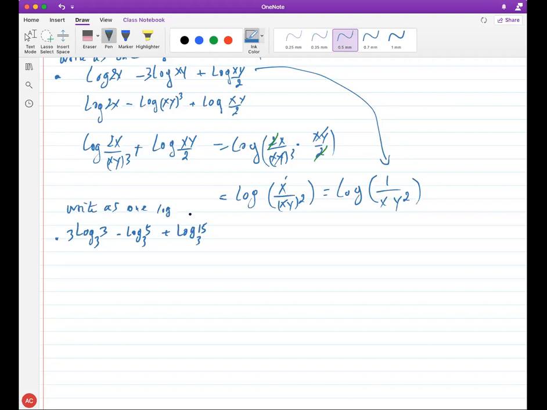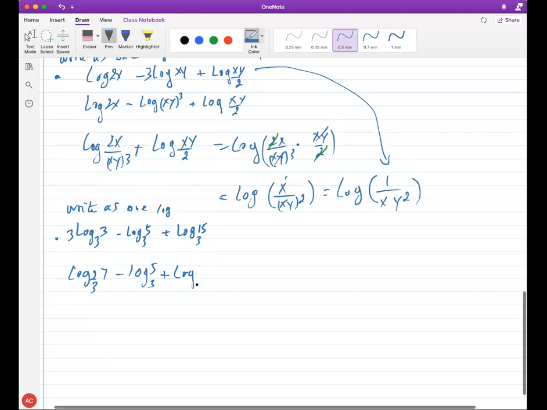What's the first thing we do here? Move the 3 up, so it turns into a log base 3 of 27. 3 to the third becomes 27, minus log. Gotta make sure the bases are the same before you can combine logs. We have 3 as a base for all of them.